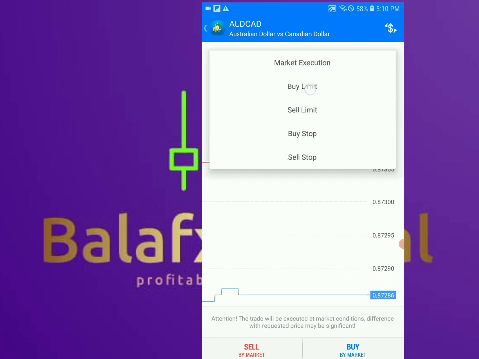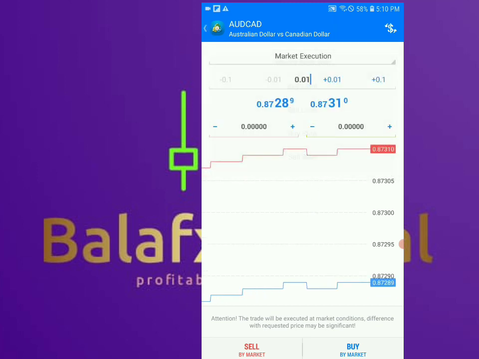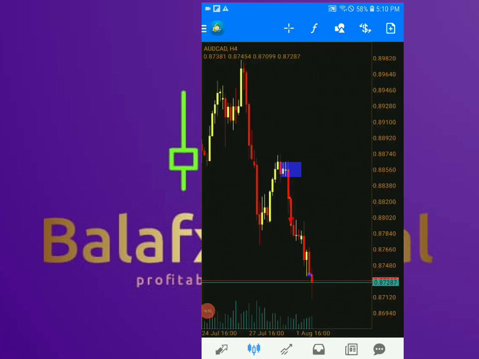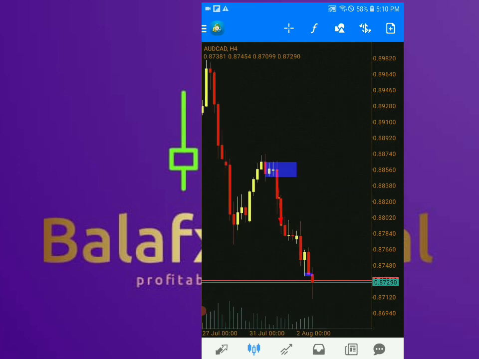You press buy limit and sell limit in the same place, so that one will cancel the other. Like, let me use here as an example. This place I can either buy or sell.